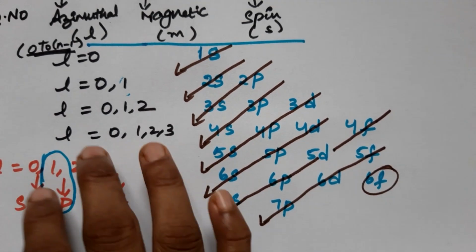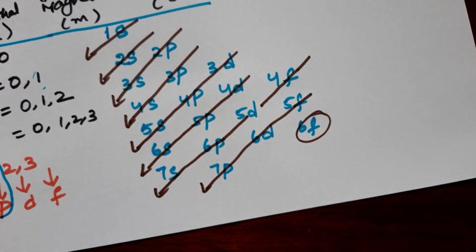According to Aufbau rule, the increasing energy, that means the order of filling of these electrons.